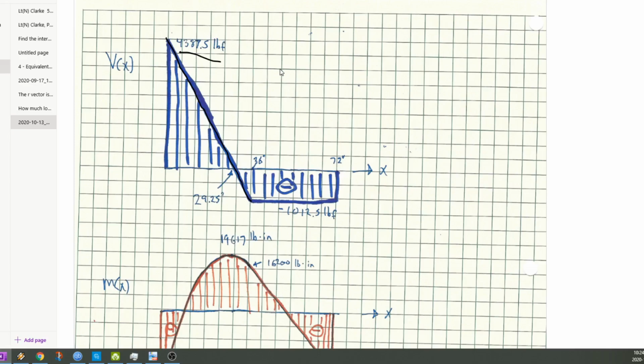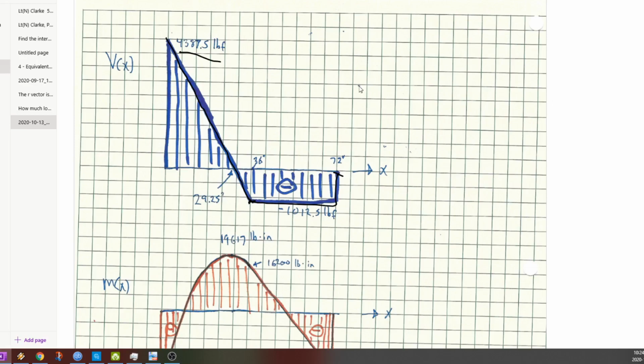So the drop there will be the 5,400 pounds that we had originally solved for, which gives us a shear value at this point of negative 1,012.5 pounds, which stays constant until we get to the reaction at C, and it jumps us back up to 0, which is what we expect to happen.